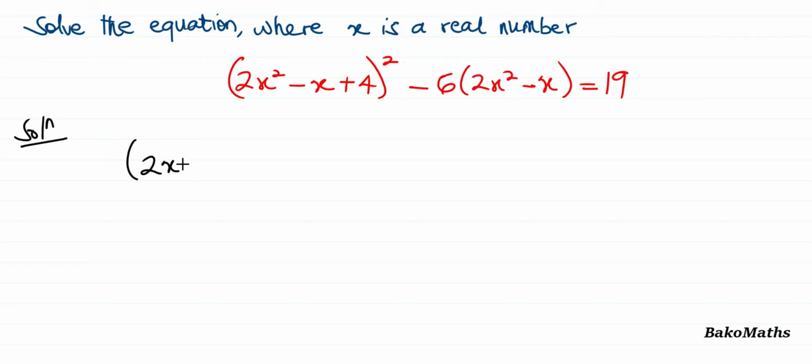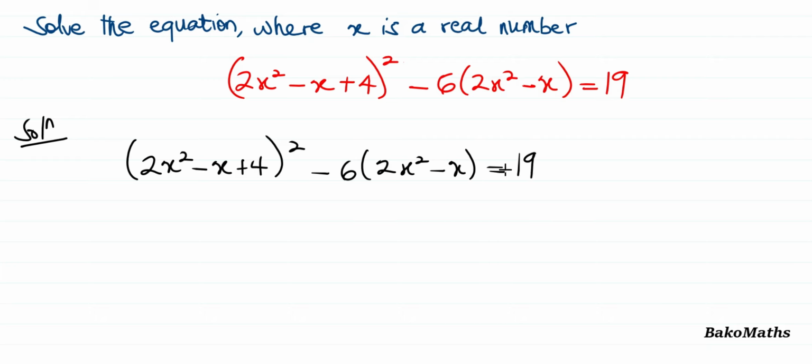which means (2x² − x + 4)² − 6(2x² − x) is equal to 19. Now, by careful observation, expanding this parenthesis may lead to a troublesome quadratic equation, which means we have to inspect the question very well and look out for an expression that we can represent by an unknown variable, and later we continue from there.